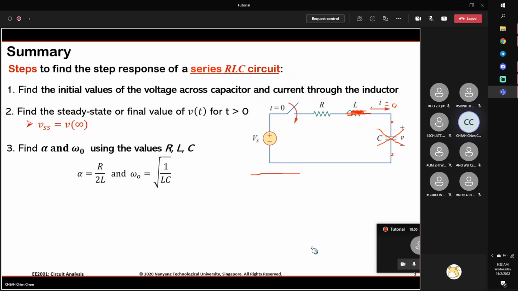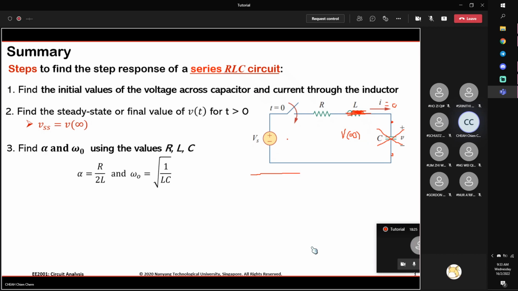And here we can see that the final steady state current for the series RLC is 0. As for the steady state value of your voltage, we call it V infinity, meaning that you allow sufficient time for the circuit to reach steady state.